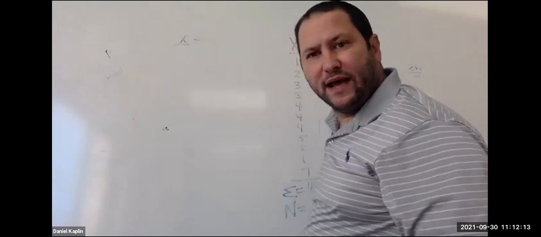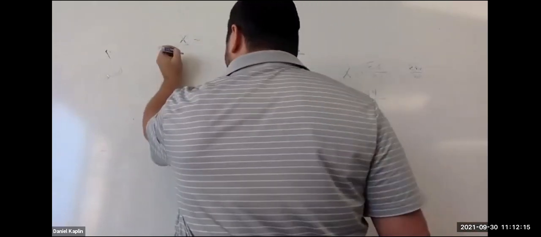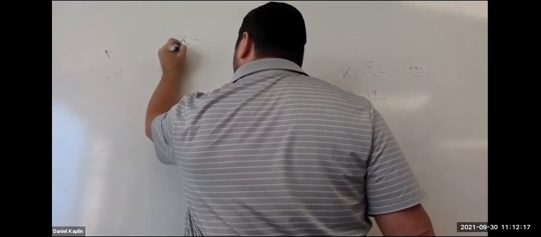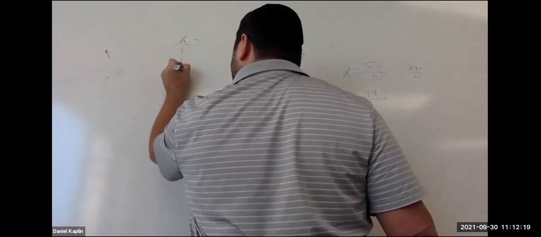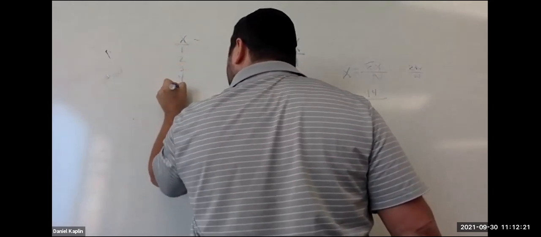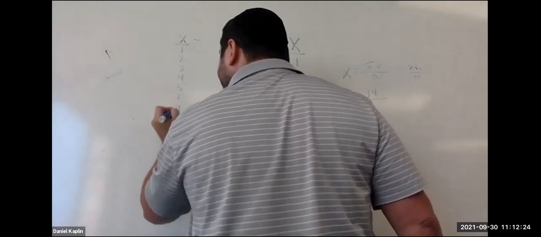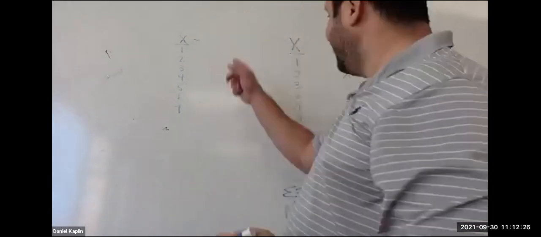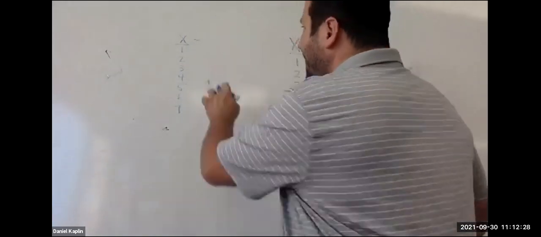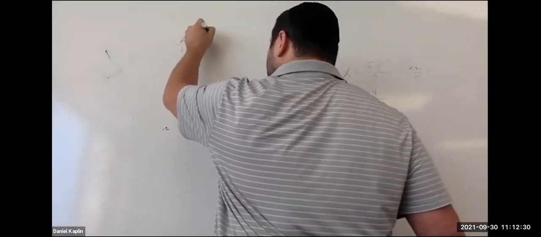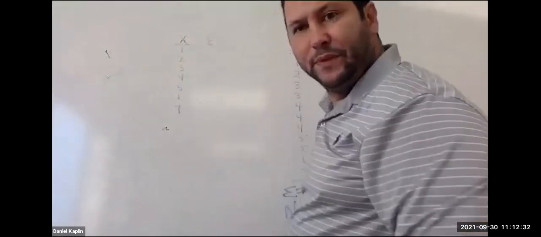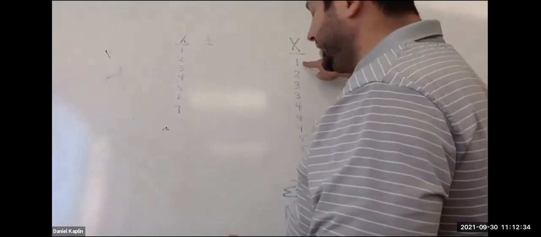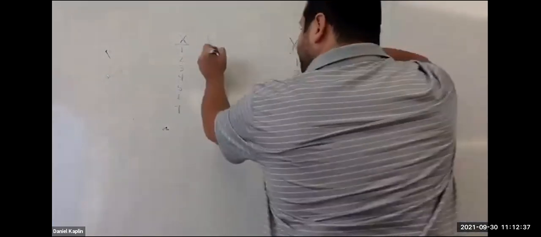All right, so I have my x column, and now I'm going to do 1, 2, 3, 4, 5, 6, 7. So I have all the same numbers I had here, but now I'm going to create a frequency column, an F column.